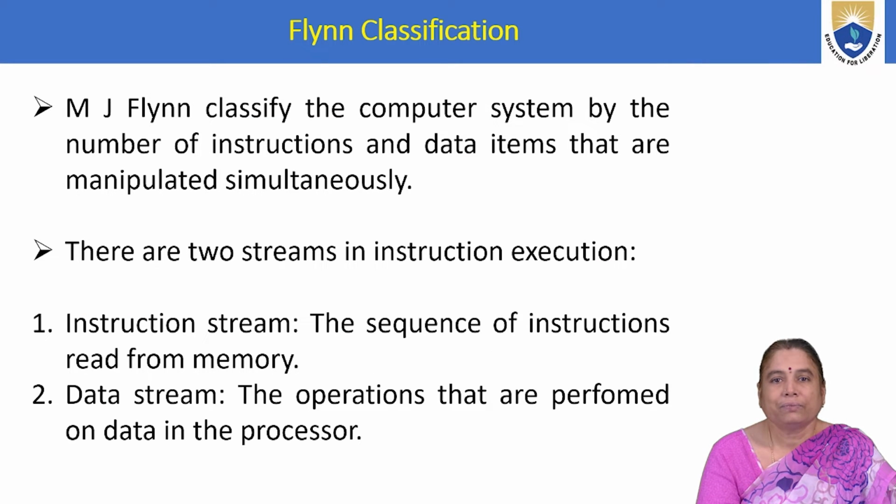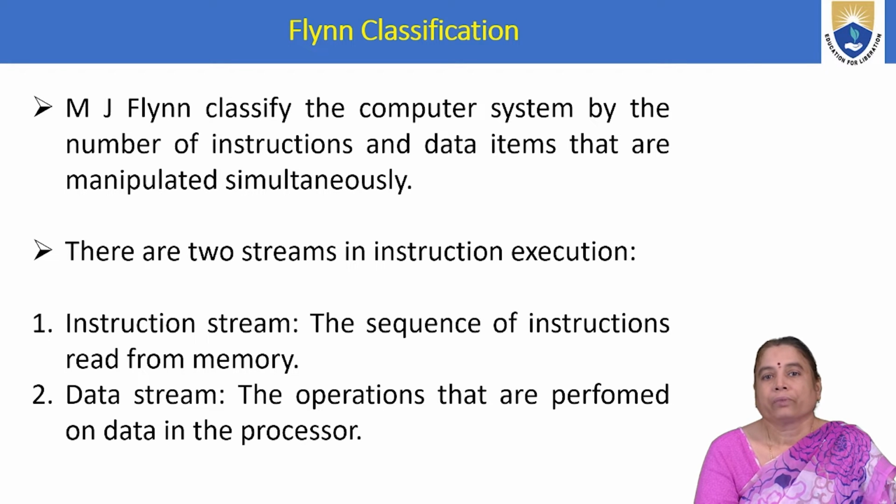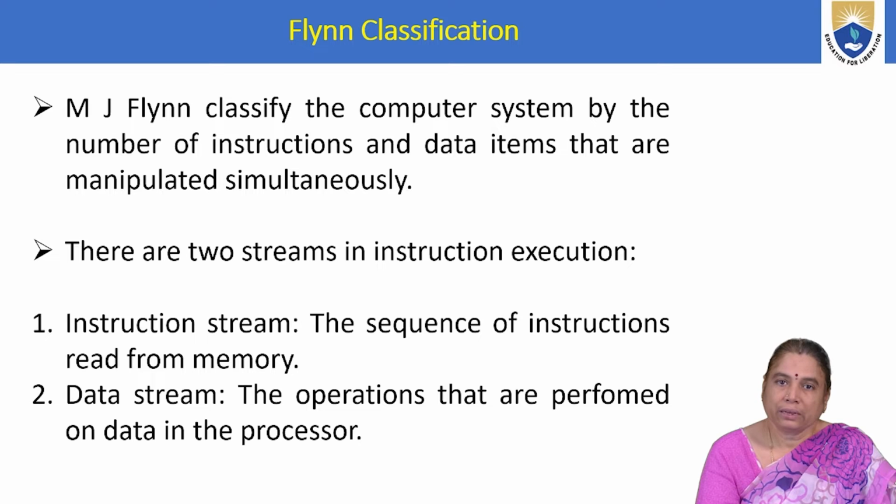Next, what is Flynn's classification? Multiprocessor systems can contain more than one CPU in a single system and support parallel processing. M. J. Flynn classified these multiprocessor systems.